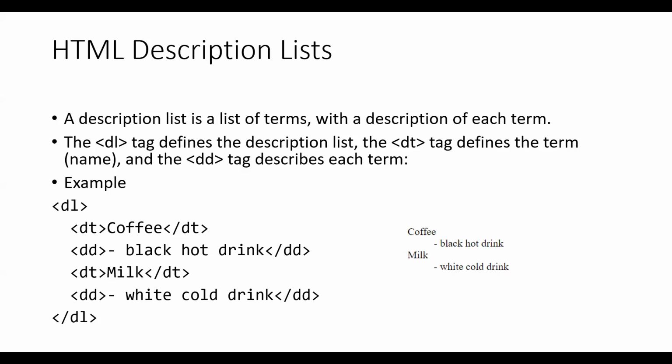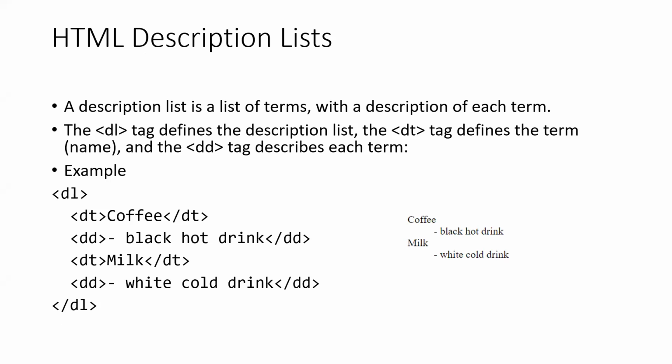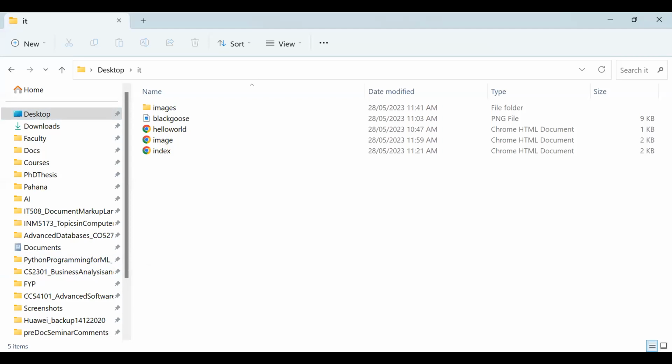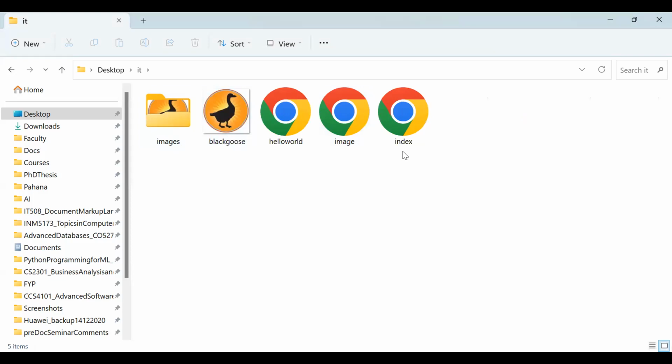Right now, this is what we have. In the folder you can see we have hello world, image and index. These are the pages that we created last time, and we had this black image we downloaded from the web.